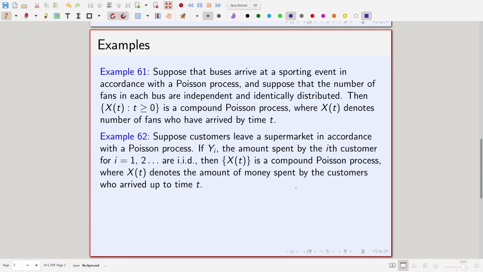Suppose that buses arrive at a sporting event in accordance with a Poisson process, and suppose that the number of fans in each bus are independent and identically distributed. Then if X(t) denotes the number of fans who have arrived by time t, X(t) is a compound Poisson process. So, you have a sporting venue, say some stadium where some match is going to happen.